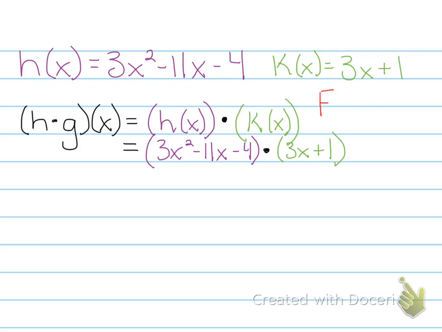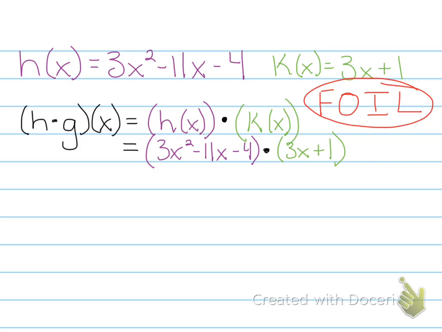Or you might know this more formally as FOIL, or maybe that's informally, I don't know. But anyway, FOIL. If you don't remember FOIL, we'll talk about it. F is for the first, so I'm going to multiply 3x squared times 3x, and then O is for the outsides, 3x squared times the 1, I is the inside, L is the last.